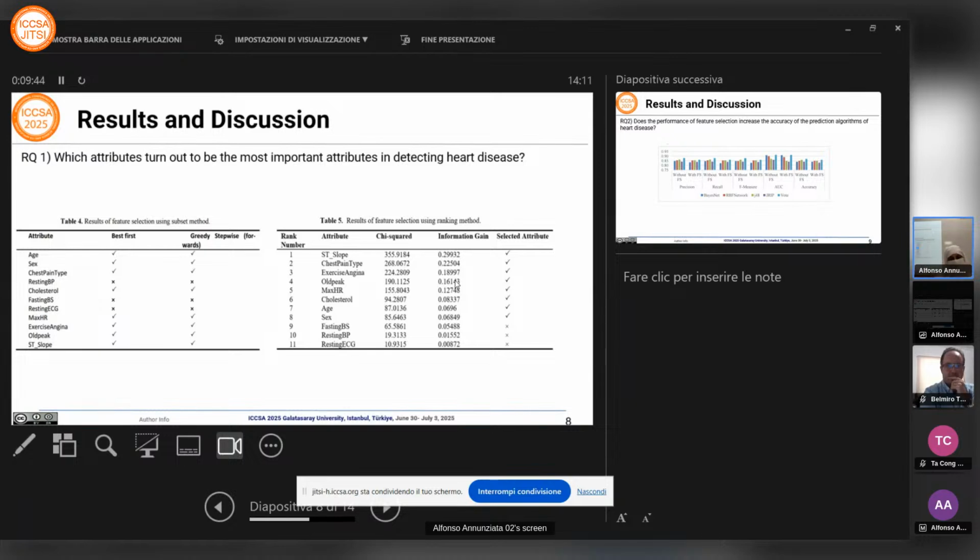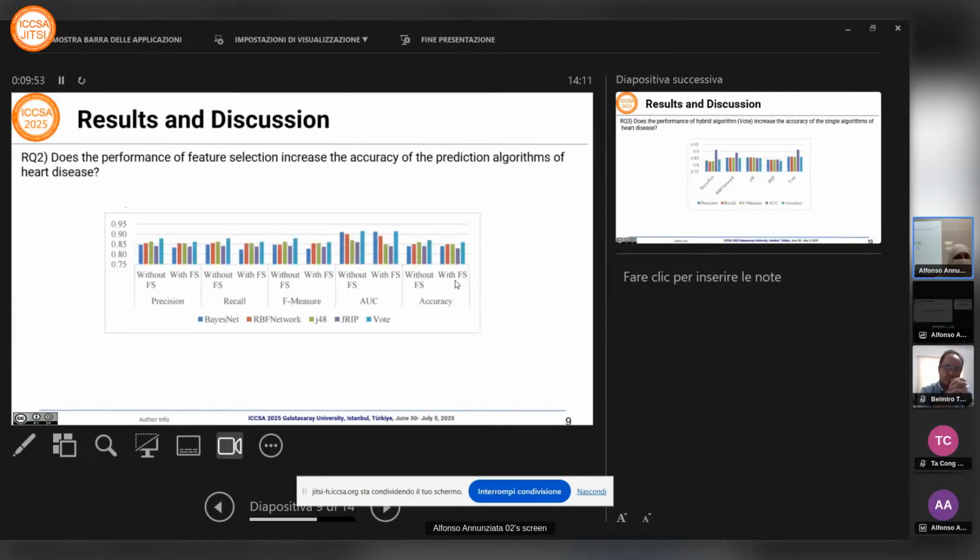So now I have 2 data sets, one with all the features and the second one without 3 features. Then the second question, which is: does feature selection increase the accuracy of a prediction algorithm for heart disease? The answer is no, there is not much improvement when I remove 3 features.